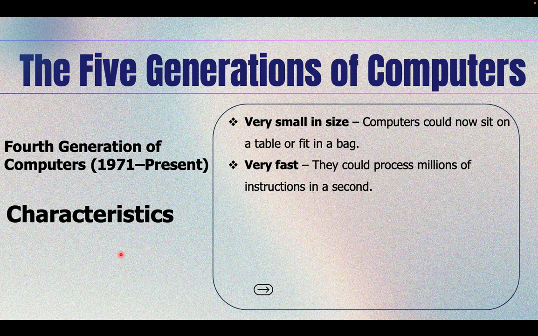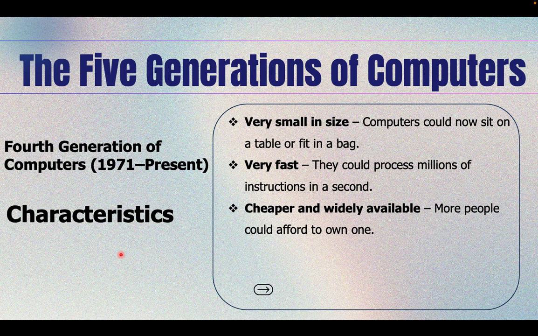We can talk about the M1, M2 processors. There are a lot of processors now in the system, and it is making computer processes very, very fast. We can process billions of instructions within a split of a second. So computers have become very fast, cheaper, and widely available.